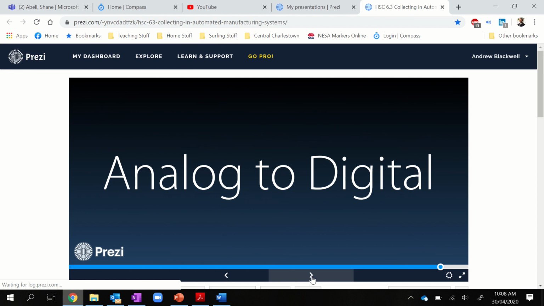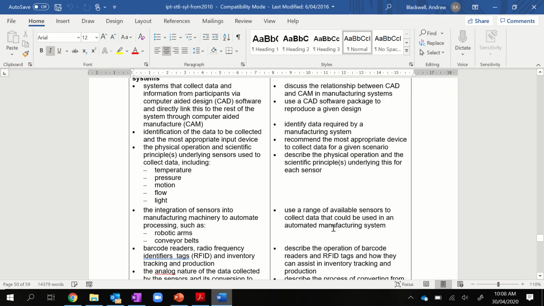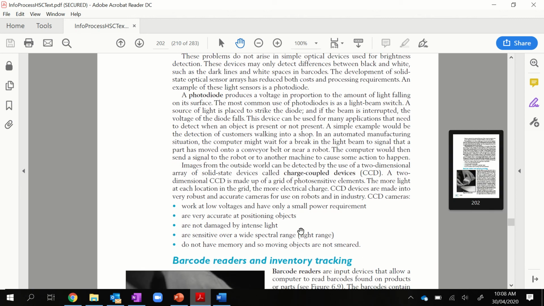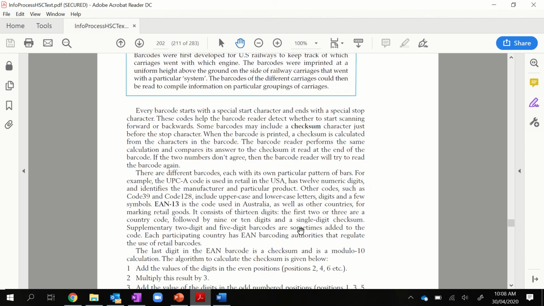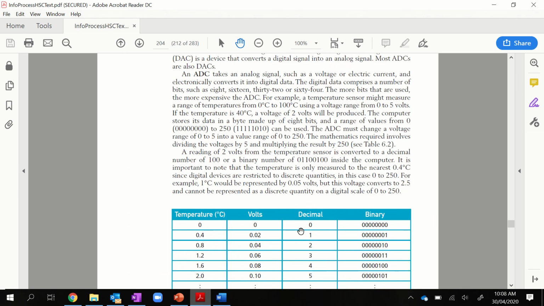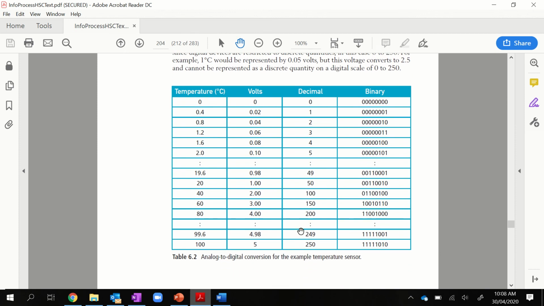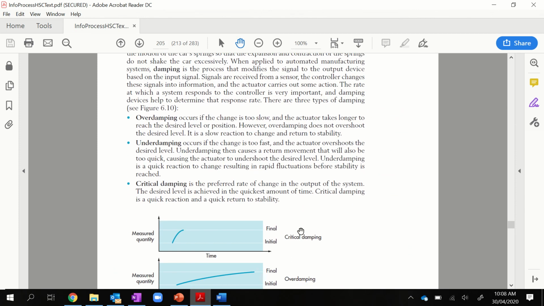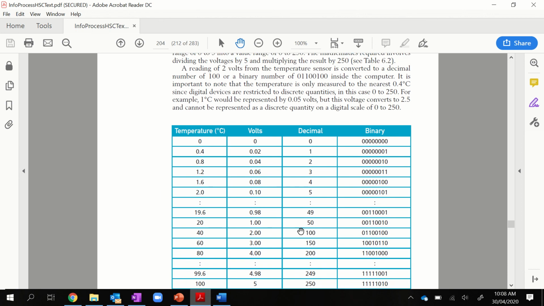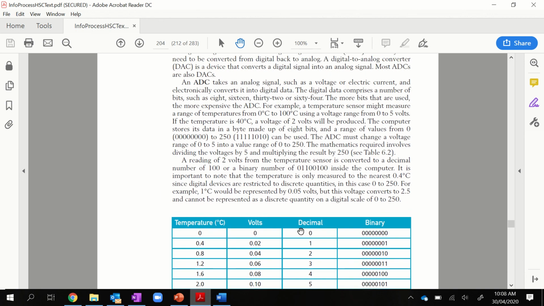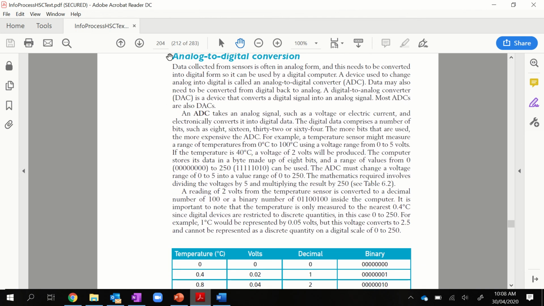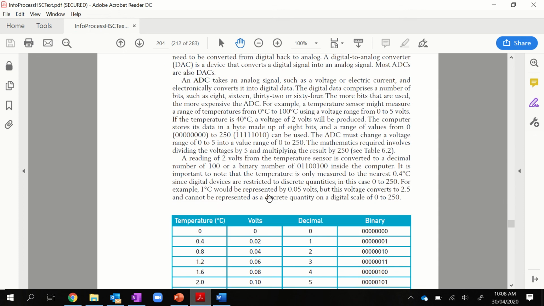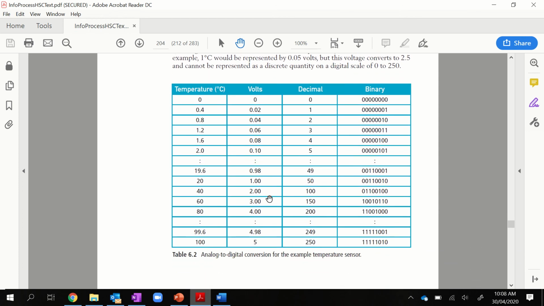And then you need to understand that all this stuff of working with sensors means that we can convert an analog signal into a digital signal. So there is a little bit about analog to digital conversion in your textbook, and a little bit of a table about that as well.